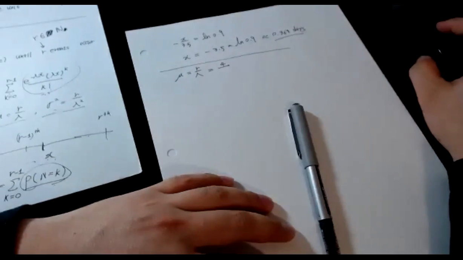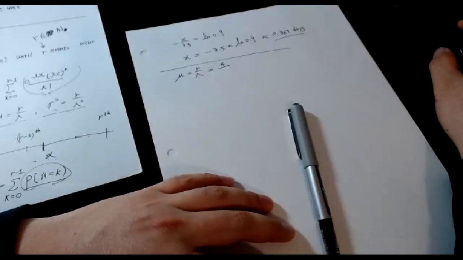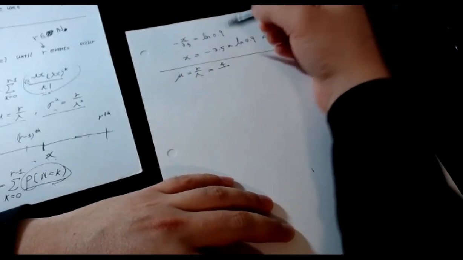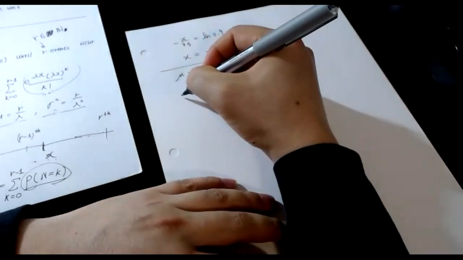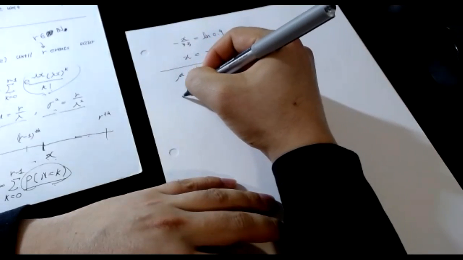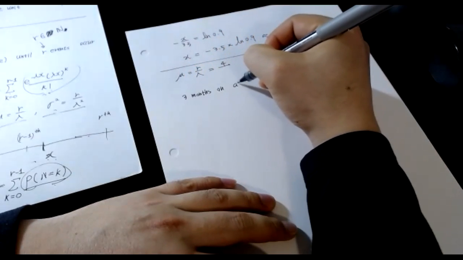Let me see. What is lambda? Suppose the virus mutates once every 3 months on average.